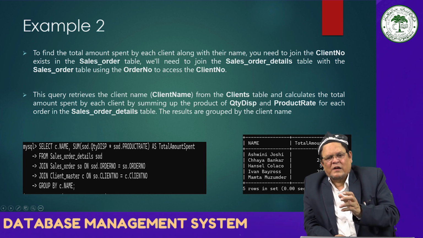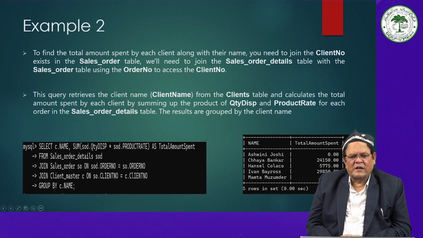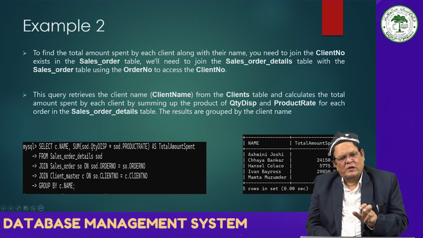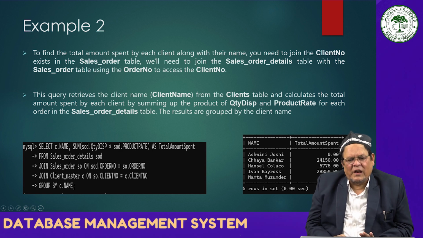So results are grouped by the client name. When you press the command, the result will be the name and total amount spent only, because here you have used select C.name and then sum of SOD.quantity displayed multiplied by SOD.product rate. That result will be stored as total amount spent. That is called an alias.